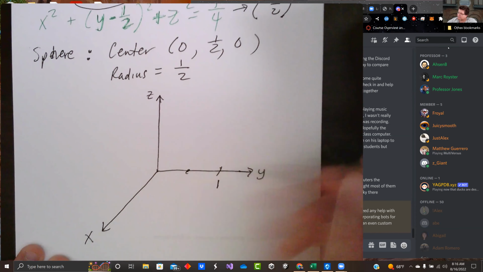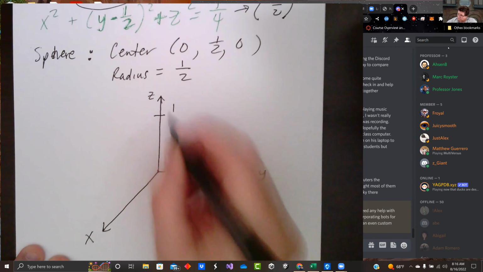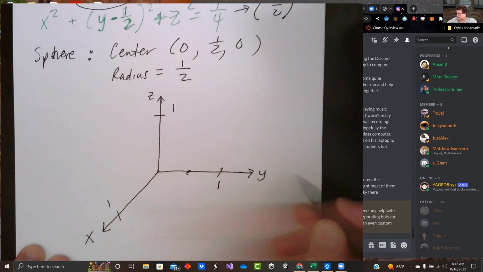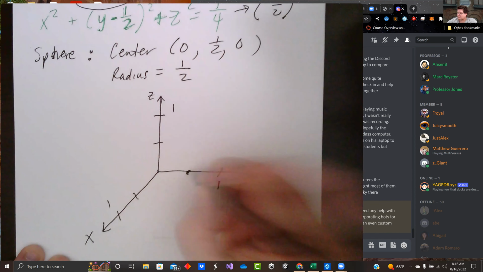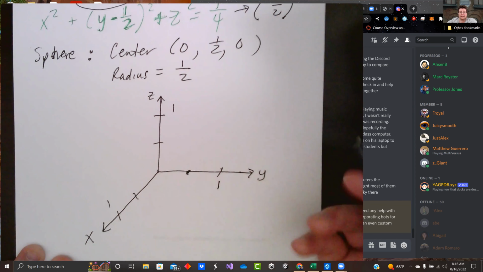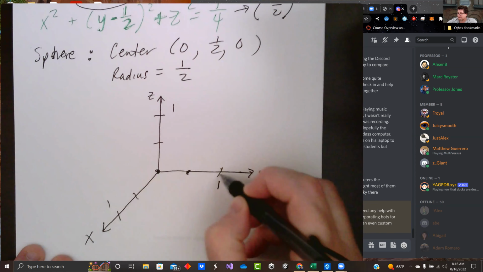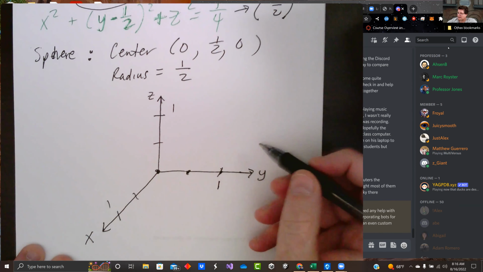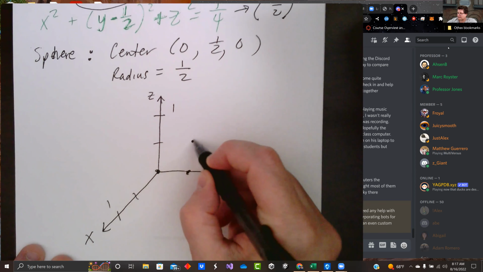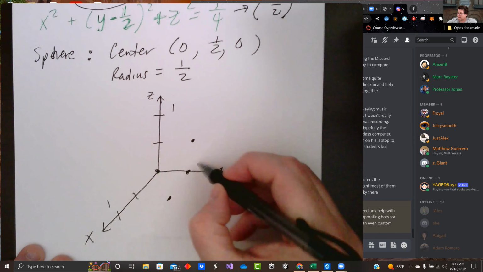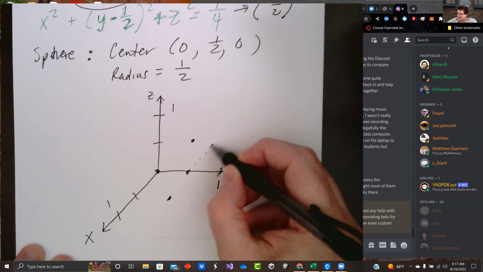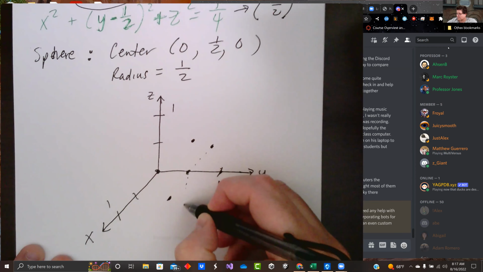This is 1. So that's my center. It's got a radius of 1/2, which means it's going to have points here and here. It'll go up to z is 1/2. It'll come out to x is 1/2. And we got something in the back and down below.